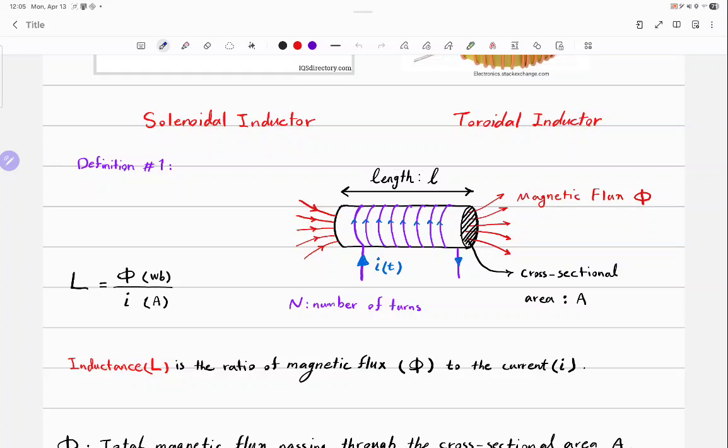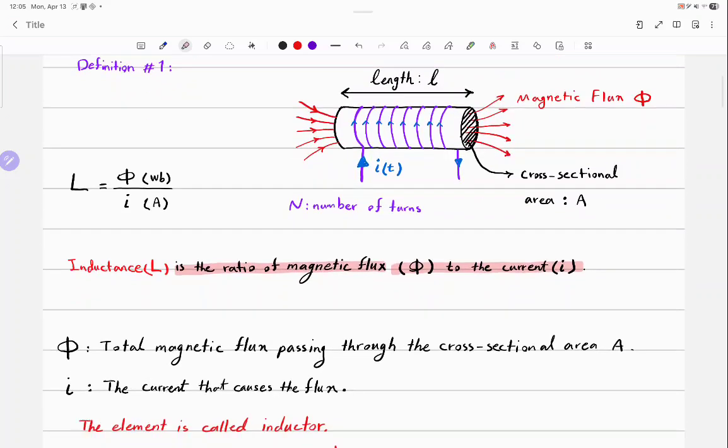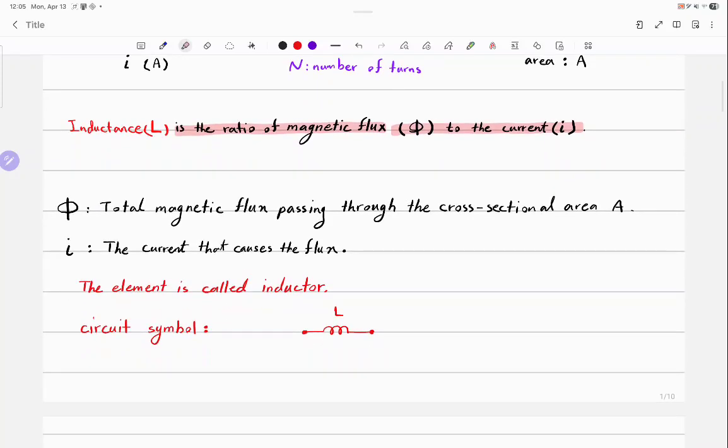So the first definition of inductance is the ratio of magnetic flux, phi, to the current I. This is the circuit symbol that represents inductance, and the element that has this property is called an inductor, shown with the letter L.